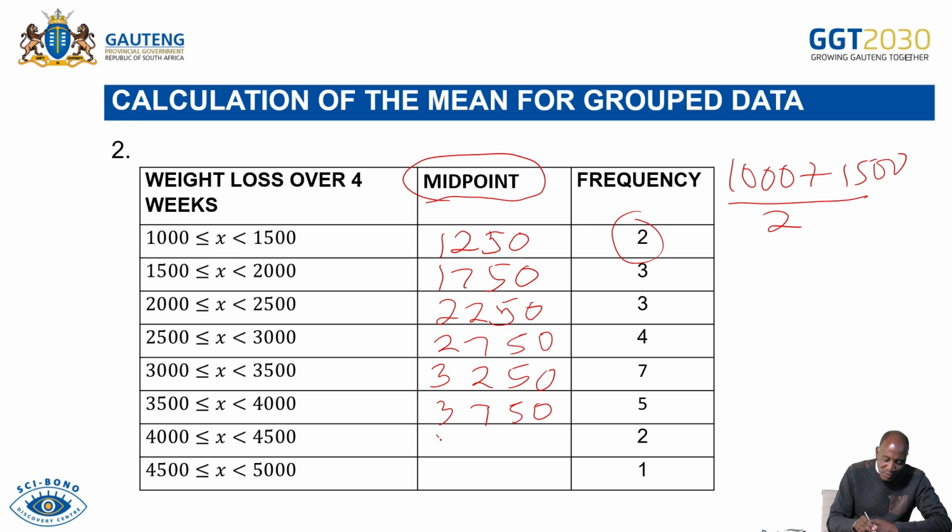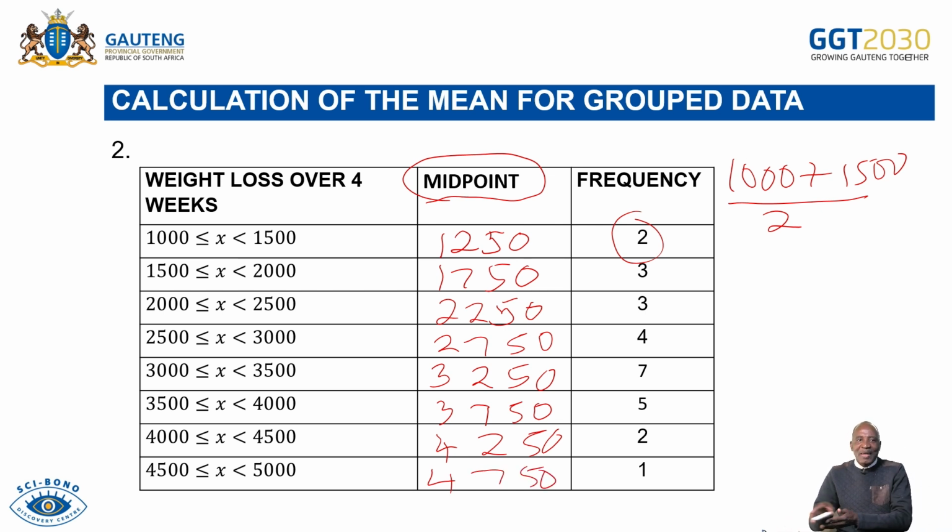It will give me 4,250. And final, 4,750. You can confirm by taking the last class, which is 4,500 plus 5,000. You will get 9,500. Divide this by 2, it will give you 4,750.